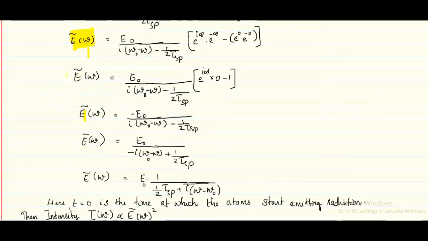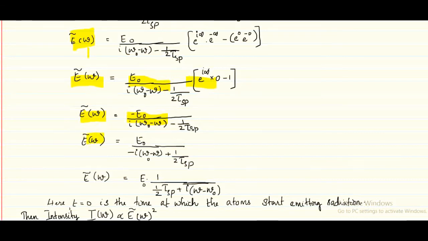On applying the limits and on further simplification, we get E bar of omega equals E0 by i omega 0 minus omega minus 1 by 2 tau sp, into e raised to infinity into 0 minus 1. So it can be written as E bar of omega equals minus E0 by i into omega 0 minus omega minus 1 by 2 tau sp.